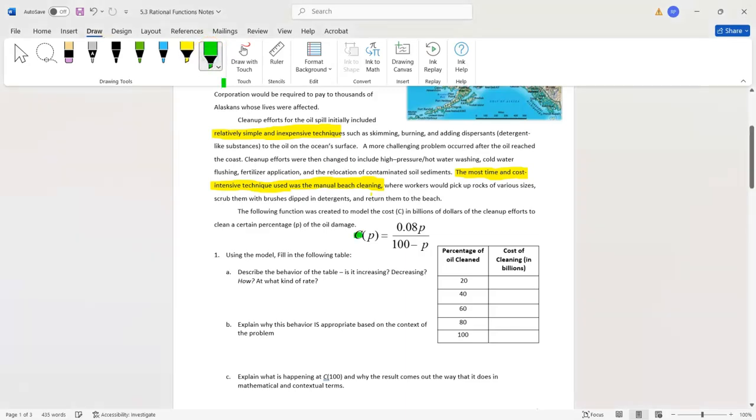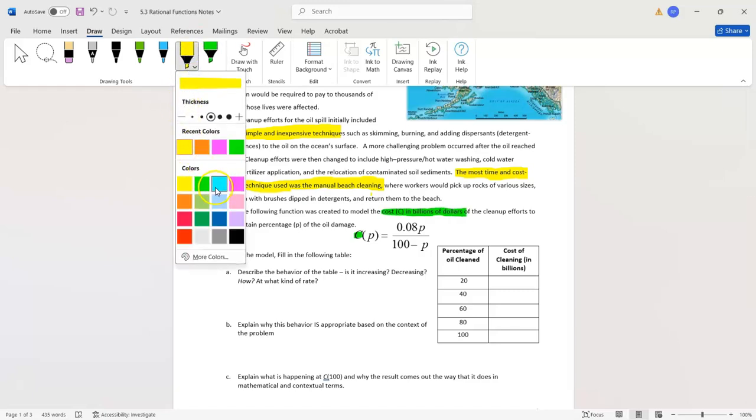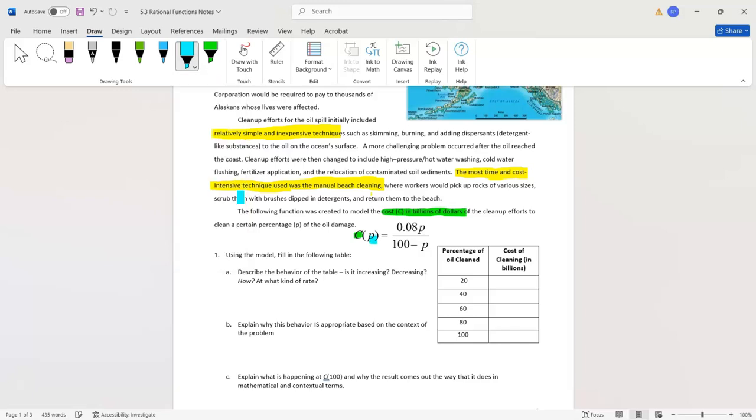This is our output, the cost, in billions of dollars, and our input is P, which represents the percent of the oil that has actually been cleaned up, so those cleanup efforts.